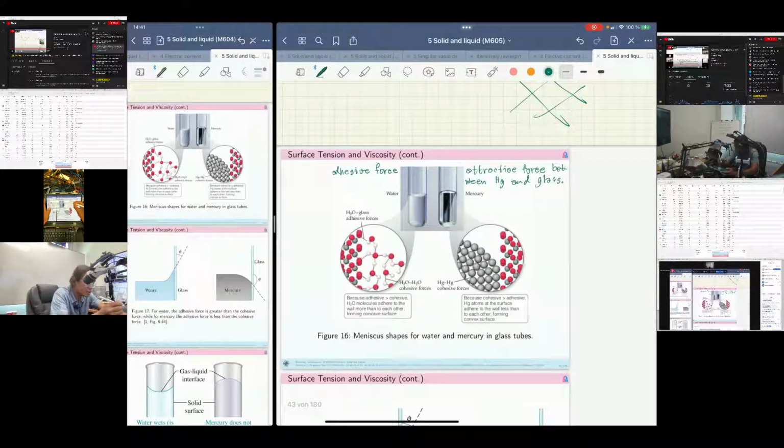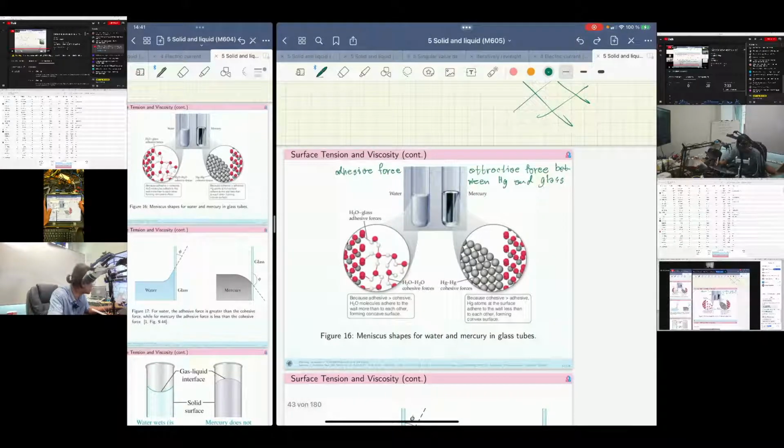And there is another one between water or mercury and the glass. Whether it's mercury or water, water is on the left and mercury on the right, right?